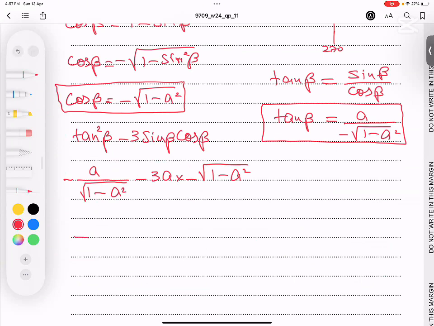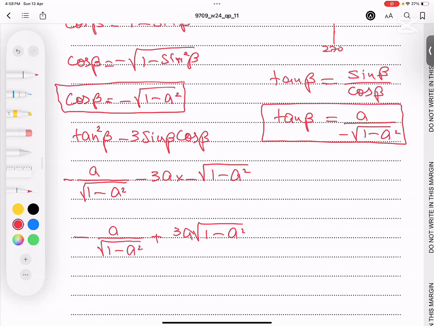And finally, positive 3a times 2, 1 minus a square. And he was asking us to convert it into the special form. I hope the point is very clear. And we have done this much.